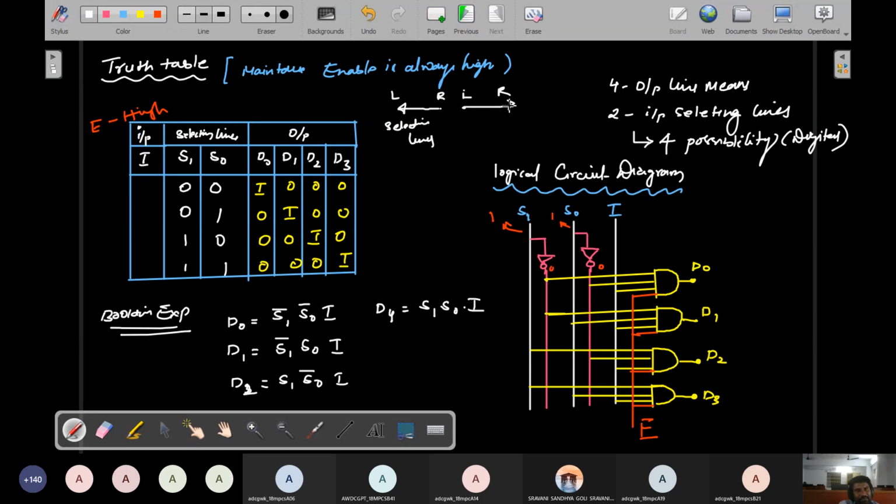It is represented from left to right because the selecting line starts from the right and moves to the left, and the outputs start from the left and move to the right. So this is the reason. This is called the output lines. So you will take it like that.